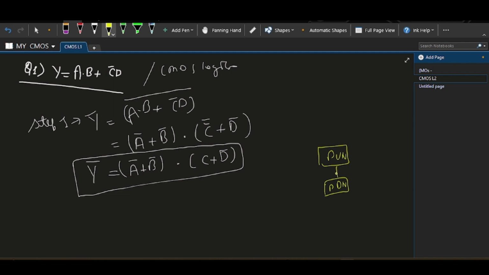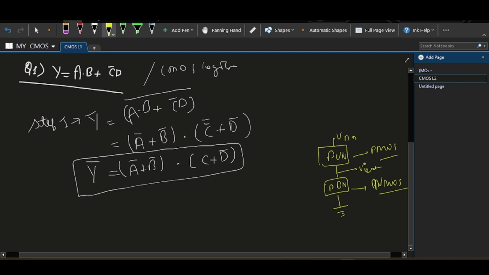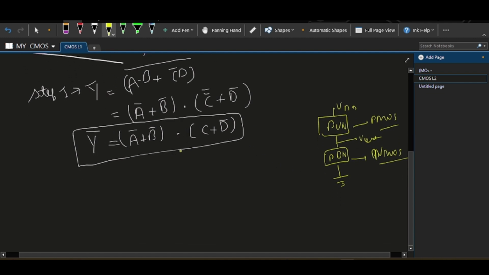They are serially connected, and in between them our output is there. PUN is connected to VDD, pull-down is connected to ground, and the upper one is made up of PMOS and the lower one is made up of NMOS.